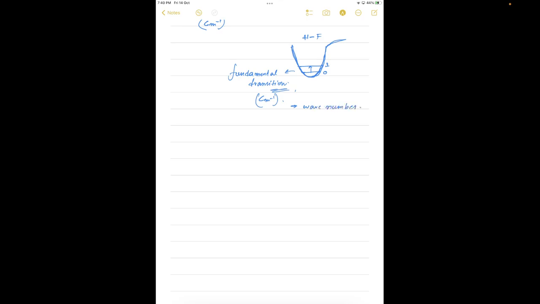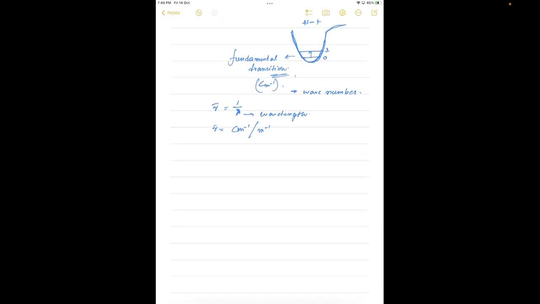What is wave number? Wave number is expressed by nu bar, which is 1 upon lambda, where lambda is the wavelength. We know the unit of wavelength is the unit of length, which is centimeter or meter in CGS or SI unit respectively. So the unit of wave number is centimeter inverse or meter inverse.